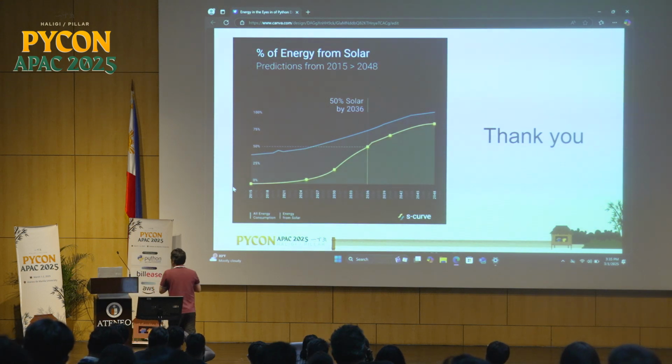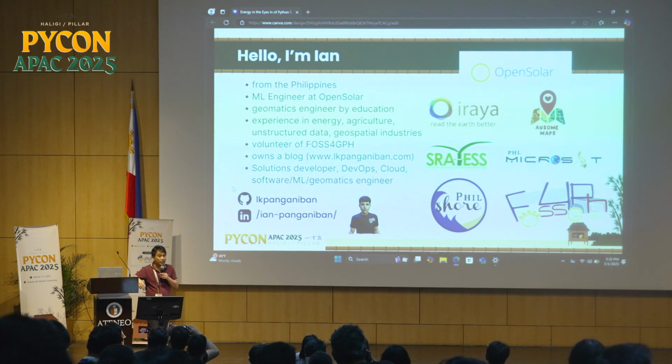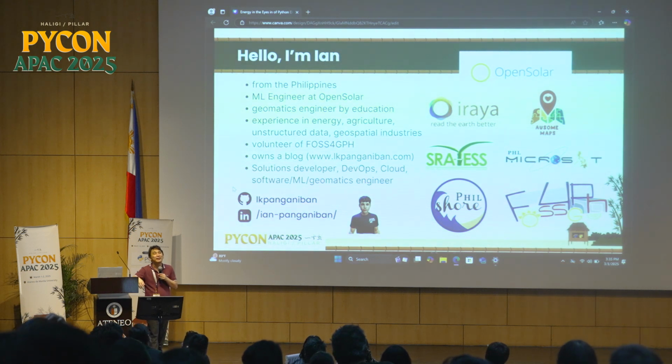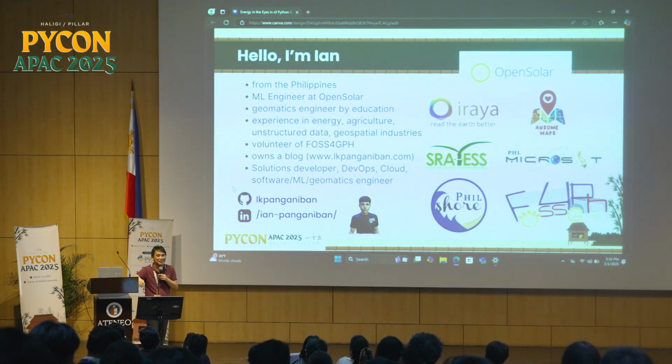And for that, again, these are my credentials. If you want to talk about anything more specific in energy, you can just chat me up, because there's a lot of, I would say, complexity in energy. So I'm not going to dive into that because this talk is targeted for beginners, actually.